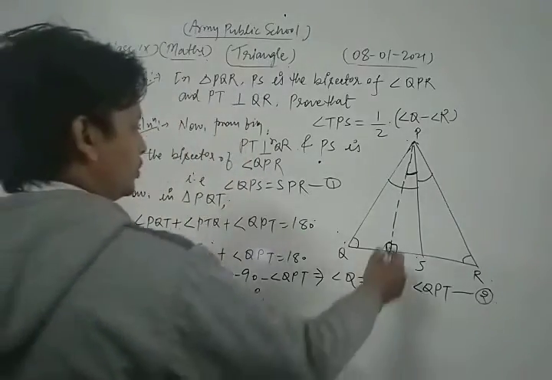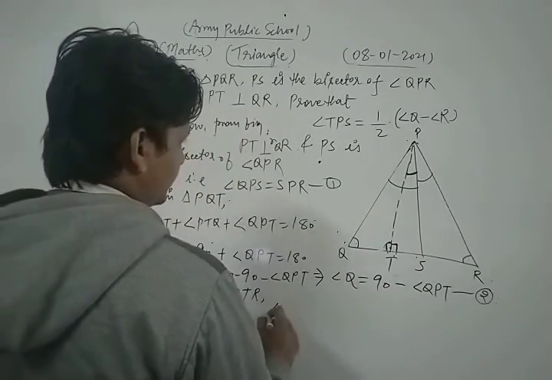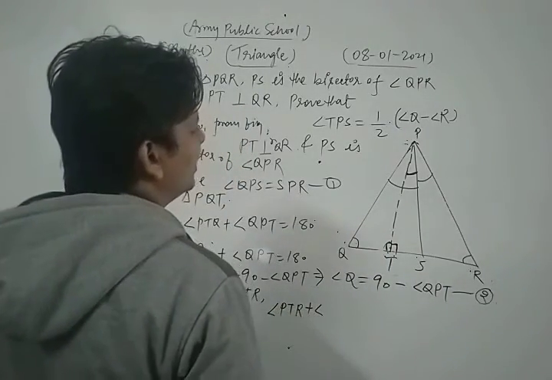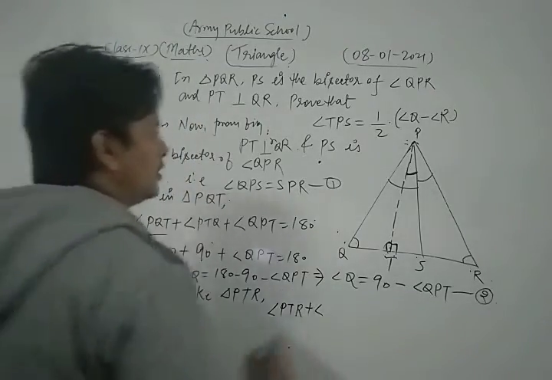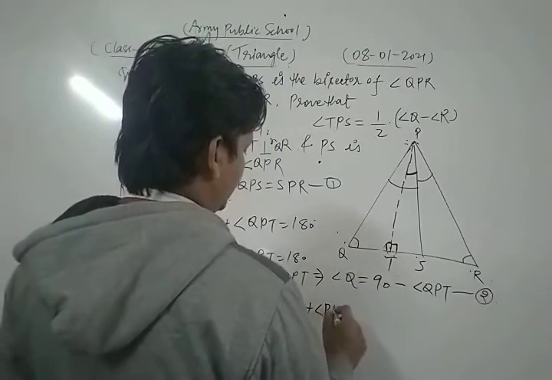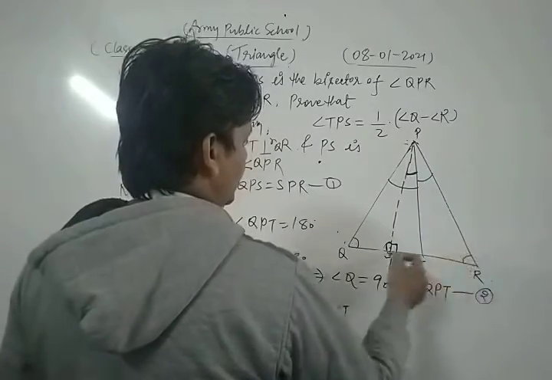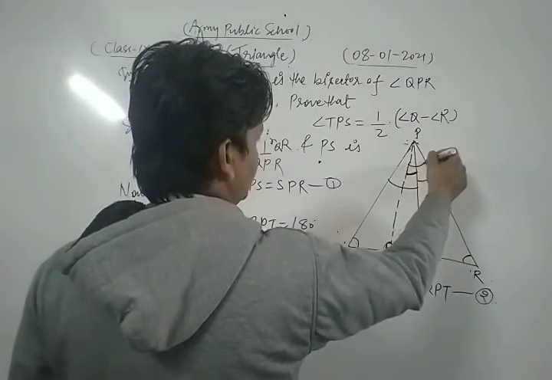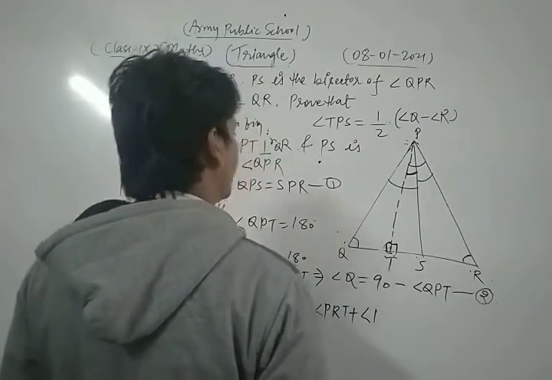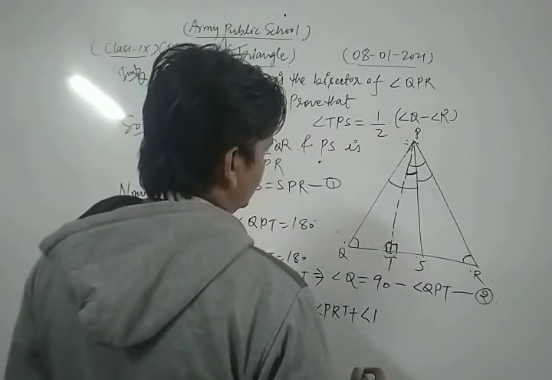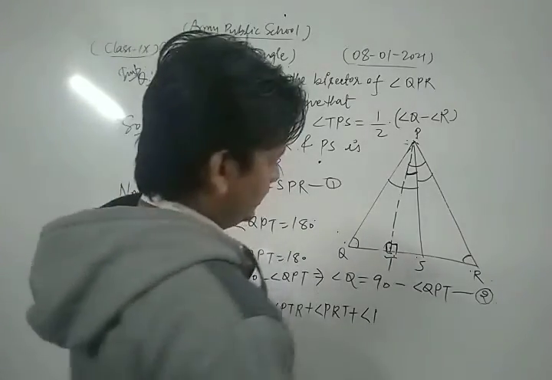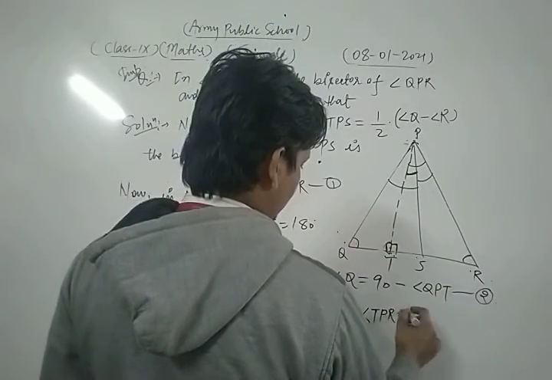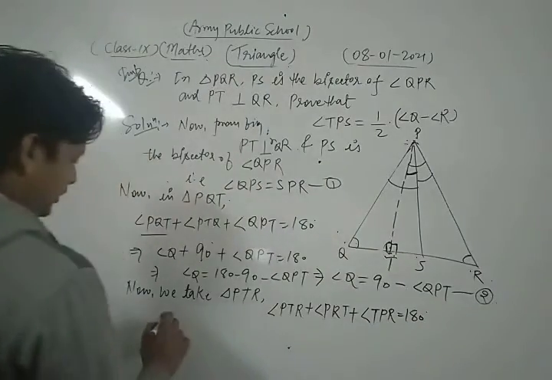So angle PTR plus angle PRT plus angle TPR is equal to 180.